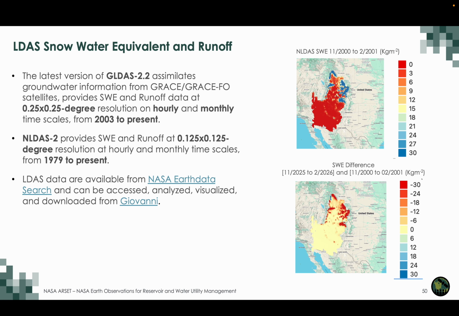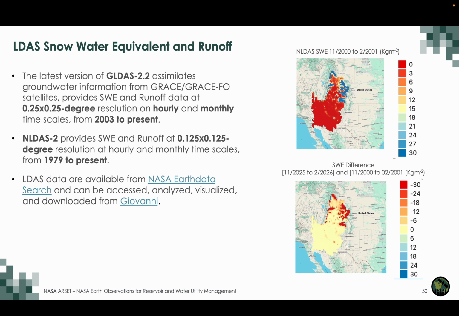The latest version of GLDAS, version 2.2, assimilates groundwater information from GRACE and GRACE Follow-On satellites, and provides snow water equivalent and runoff data at quarter degree latitude-longitude resolution on hourly and monthly time scales from 2003 to present.